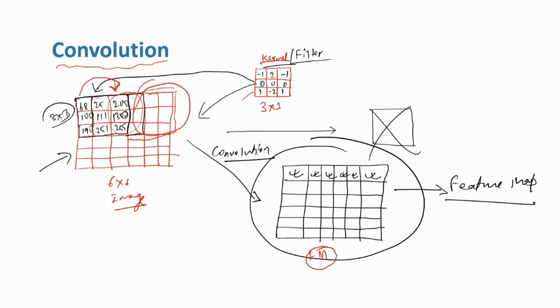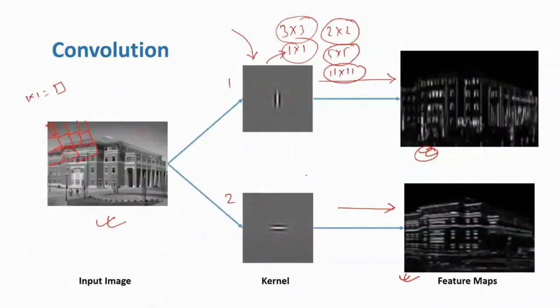Now, we have applied two different kernels on the same image and we are getting two feature maps. This is nothing but a part of your convolution neural network. That's what happens in a convolution neural network.